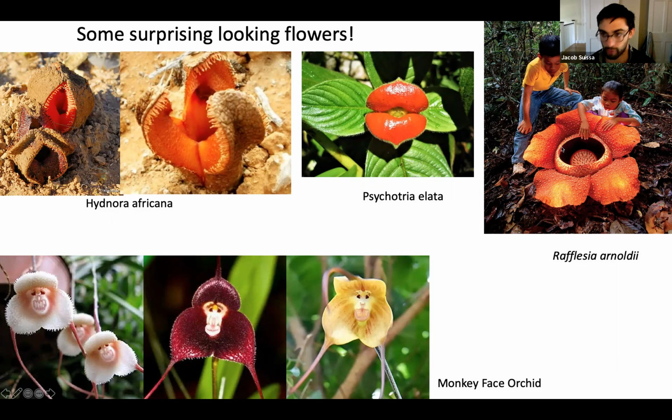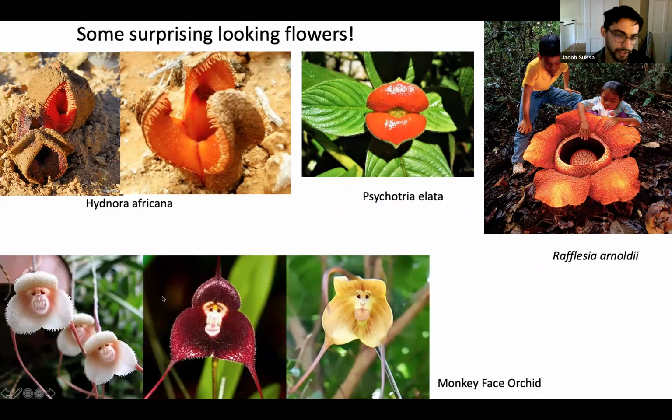And you might ask, why do they look like that? Well, if you squint your eyes a little bit, and if you were around them, you would definitely know the reason why they look like this. They frequently smell like rotting meat, and they are fly pollinated. And if you squint your eyes a little bit, it looks like rotting flesh, kind of. So that's sort of the idea there.